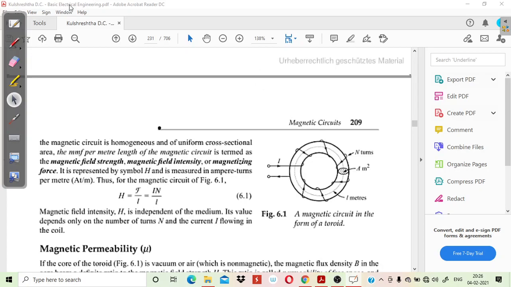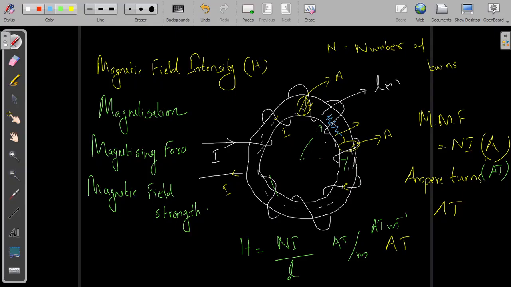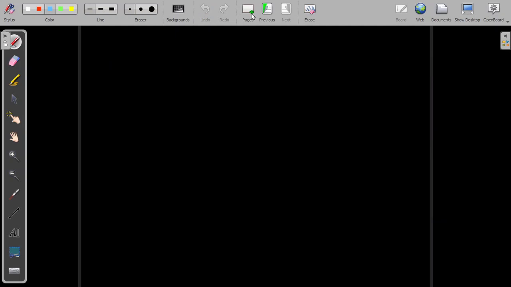Now I'm going to define another term, that is the magnetic flux density. Density means something per unit area, unit length or unit volume.